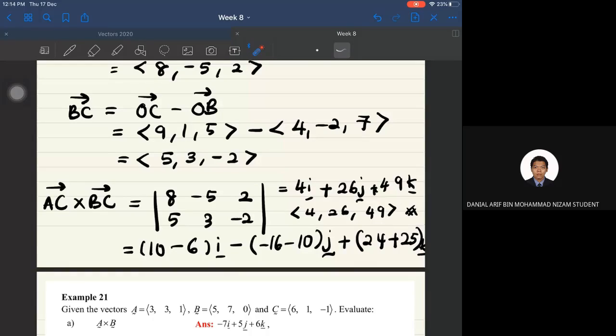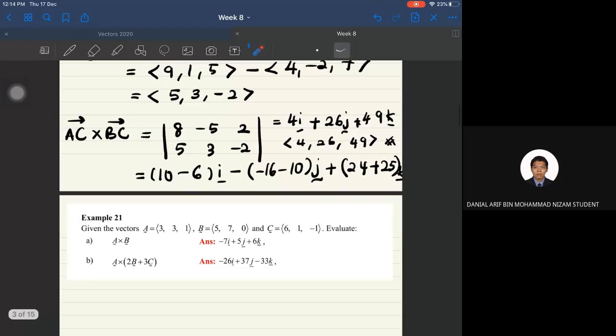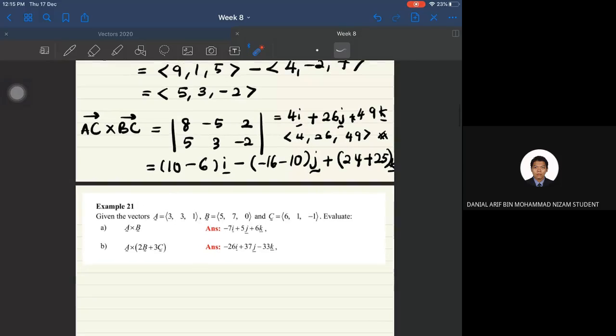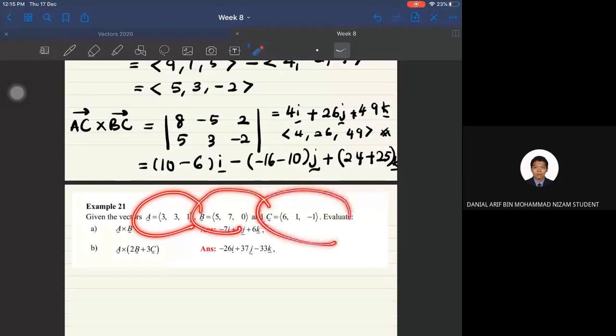Okay, so for those who are done, do example 21A first, so that I can explain B. For example 21, you are given a vector, so you can directly do the cross product.